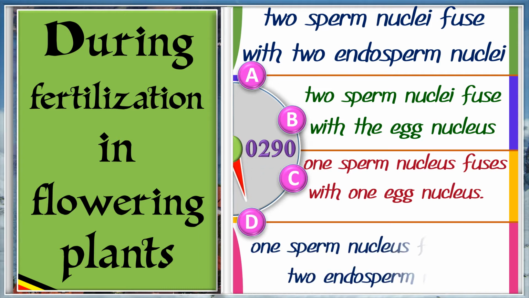D. One sperm nucleus fuses with two endosperm nuclei. And the answer is C, one sperm nucleus fuses with one egg nucleus.